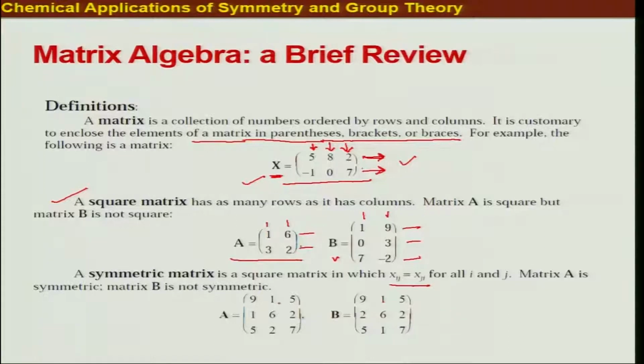So this A is an example of the symmetric matrix, while if you look at B, you will say this is not equal to this. So here I have 1 2, this element 1 2 is not the same as 2 1. Okay, but here this 1 2 is equal to 2 1, that is this one.